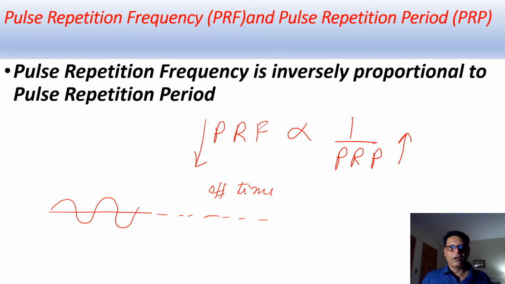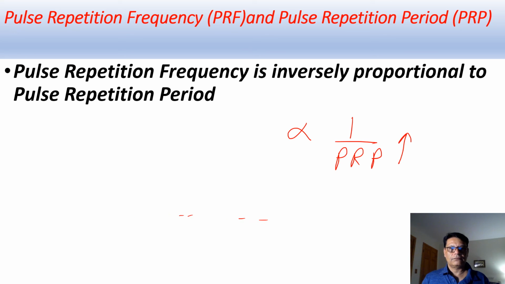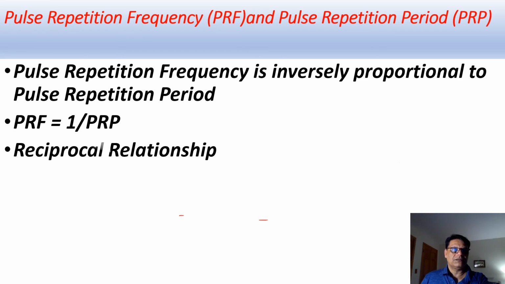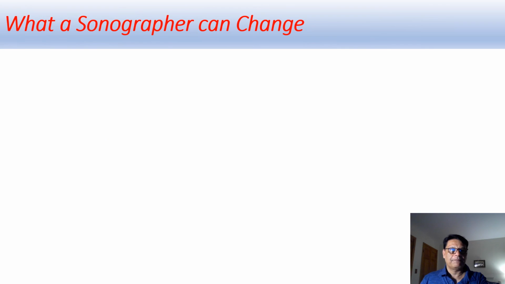And when you increase the depth, off time increases, and when off time increases, the pulse repetition period increases, and that will decrease the pulse repetition frequency. And this is called a reciprocal relationship: if one quantity increases, the other decreases, and vice versa.